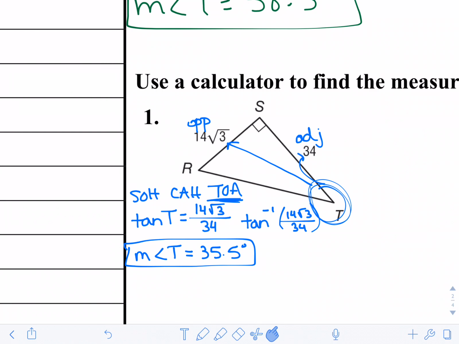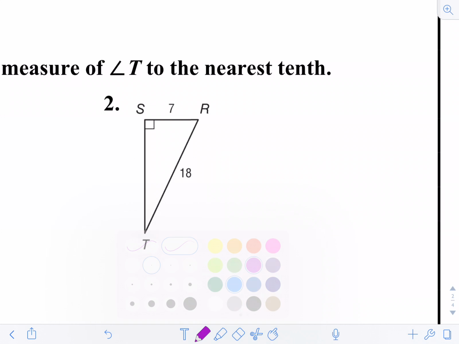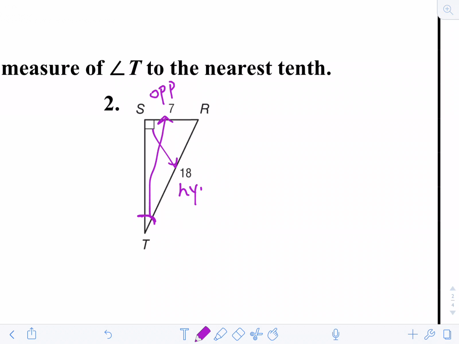Okay, number 2. Again, we are looking for the measure of angle T. This piece would be opposite, and this piece across from the 90, that's our hypotenuse. If you remember SOHCAHTOA, we want the one that's opposite and hypotenuse, so that would be our sine.